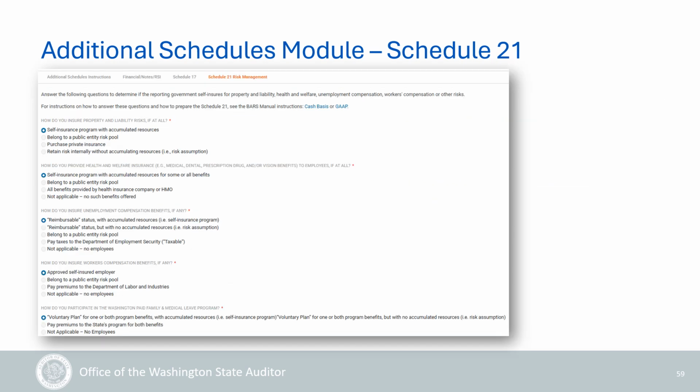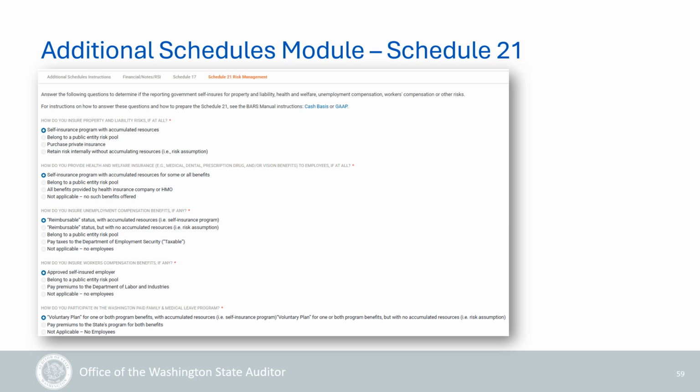This step now is for the Schedule 21, which is a requirement for all local governments to complete. So it will be included in everyone's annual report within the Additional Schedules module. It is required to answer all questions on this step for how your government handles risk management.